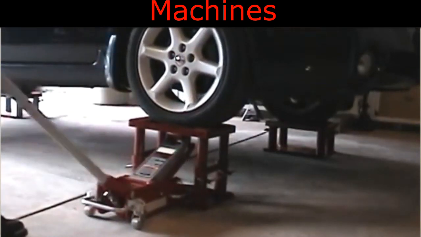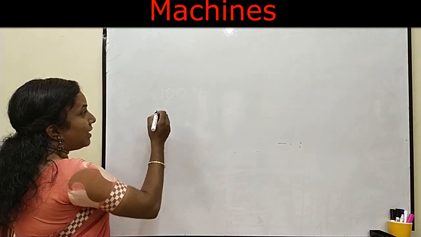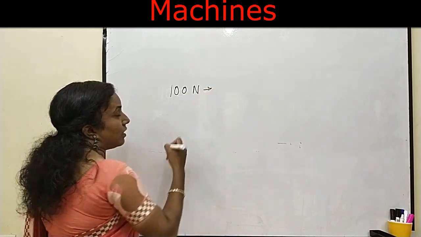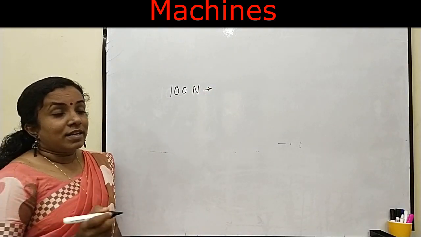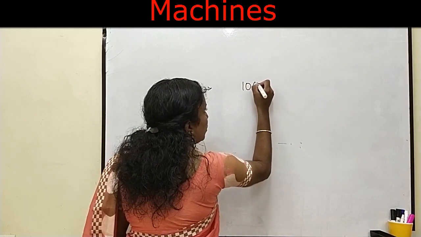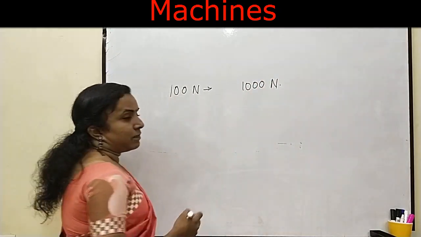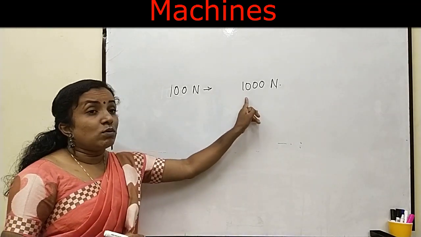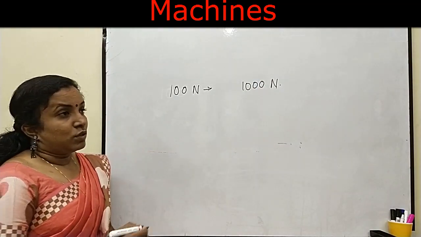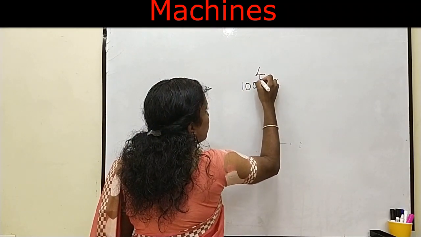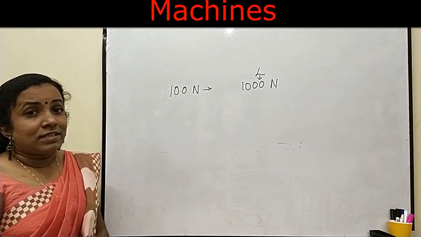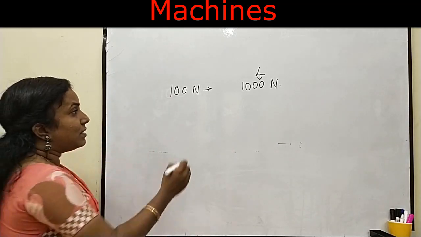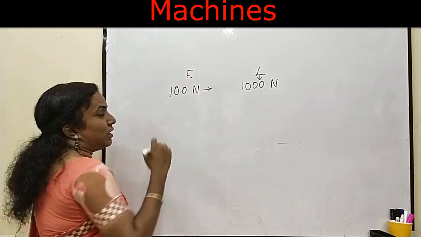How is it possible? Suppose I am able to apply a maximum force of 100 Newton, and a car needs 1000 Newton force to lift. So, to lift a car, it needs 1000 Newton force. Here the load is 1000 Newton, and the maximum effort I can apply is only 100 Newton.